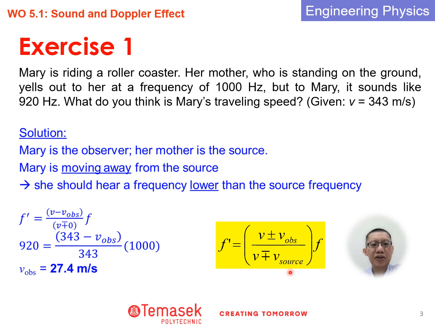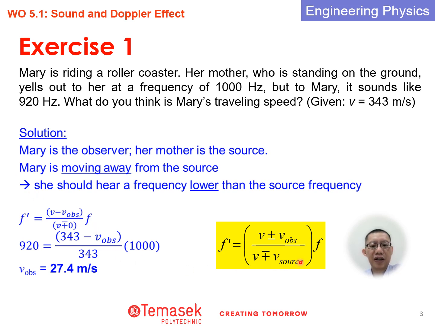Now, V source is 0 meters per second as her mother is at rest and not moving. And since Mary hears a frequency lower than the source frequency, it is deduced that Mary is moving away from the source, which is her mother. Here, we choose a negative V obs.